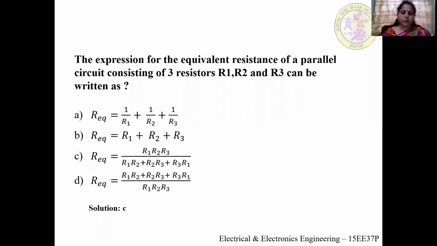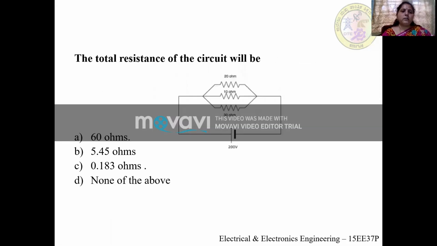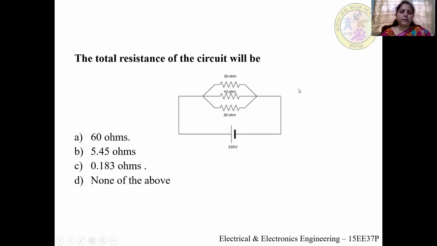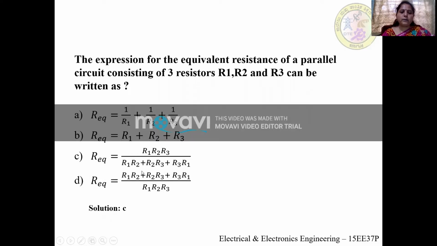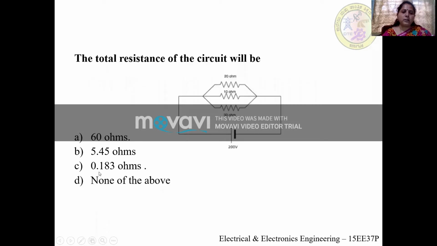Now we should see one more question on equivalent resistance. The total resistance of the circuit will be. So here we are having three resistors connected in parallel form. So for this, you need to use this third expression. You can just substitute the values for R1, R2, R3 to get the result.